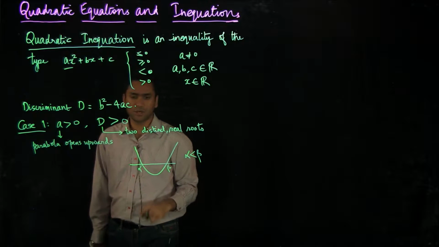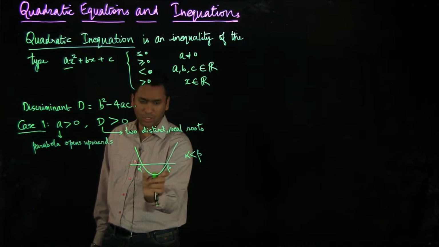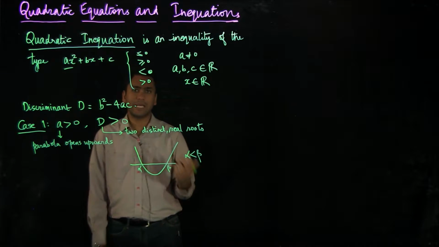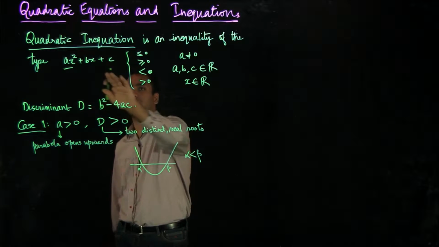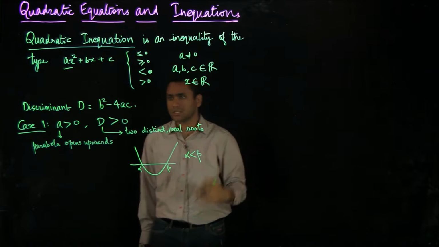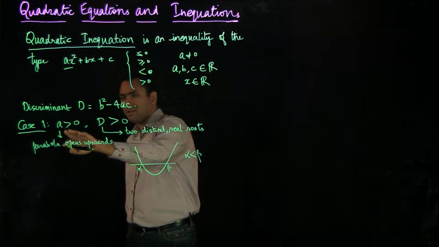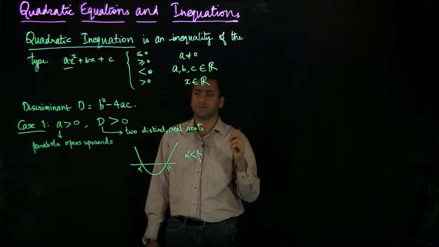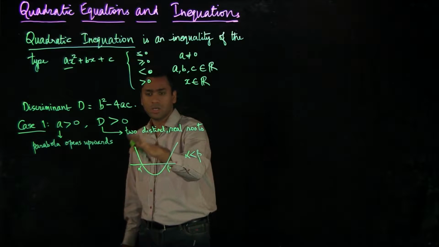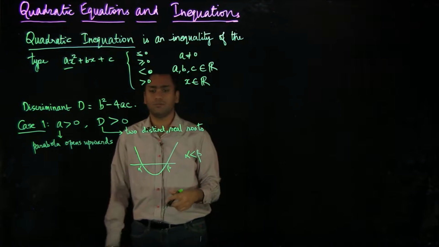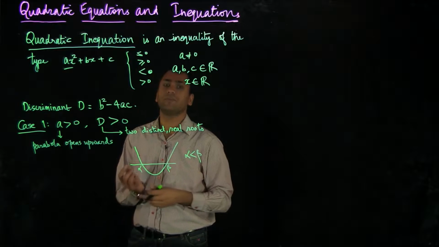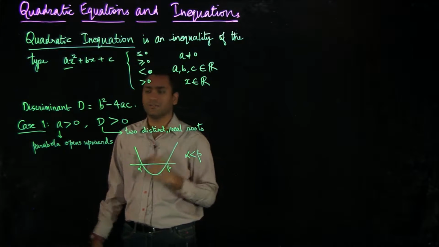On the other hand, the function is negative if you are between alpha and beta. So any inequation you can solve if you have it in the form ax squared plus bx plus c by just recalling what the value of a and what the value of d are. Based on these values, you will be able to make a mental picture of this parabola, and consequently you will be able to write whether the solution is positive or negative at any point.